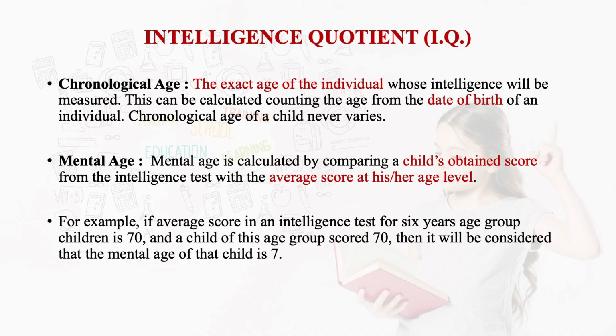Let the average score in an achievement test of the 14-year age group be 70. If a particular student achieves 70 in that test, then you can say his or her mental age is 70. But many a time you will find that a 14-year-old student is not able to score 70, or a 15-year-old student is also not able to score 70. That's why mental age may vary.